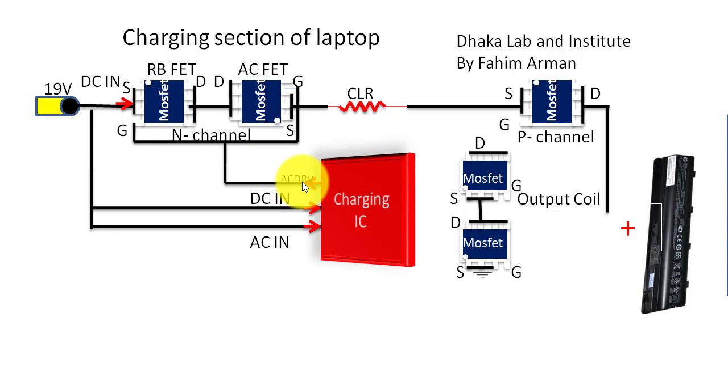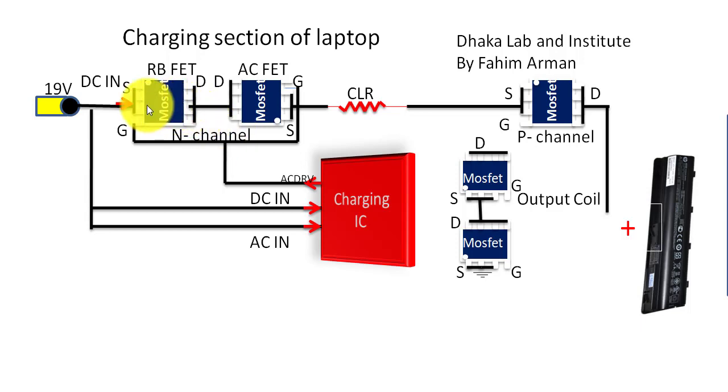This is very important for switching on these two MOSFETs. This voltage will switch on the gates of these MOSFETs, and as you know these are N channel MOSFETs, and for switching there should be high voltage. So the charging IC will produce high voltage, approximately 25 volt on the AC drive pin, and by this pin these MOSFETs will be activated and switched on.